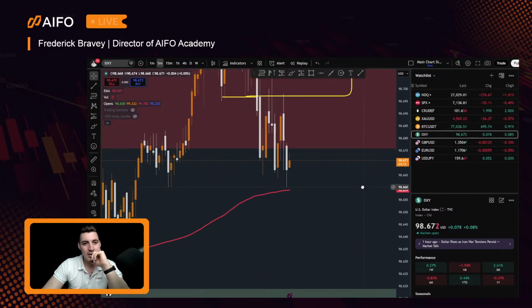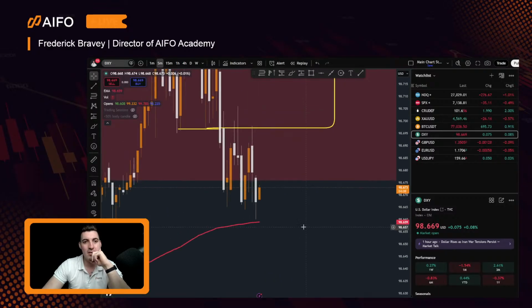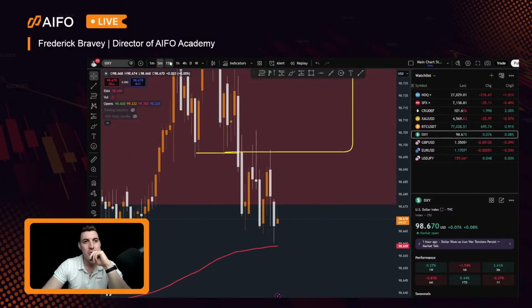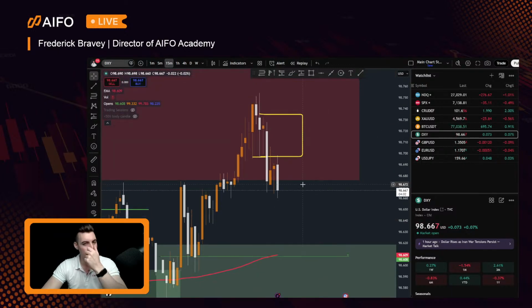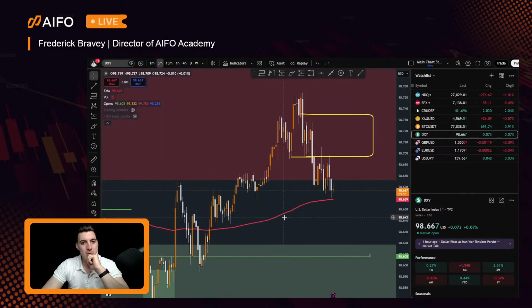Back to DXY. Yeah, we're still struggling to break past this 200 EMA. Quite frustrating as well. Let's take a look here. The 5-minute just got formed. No, still not broken this low yet, have we?